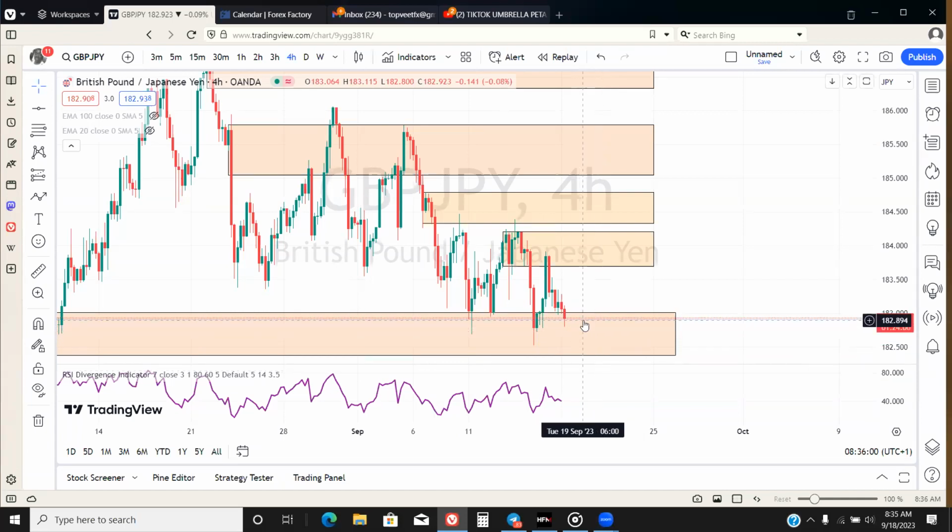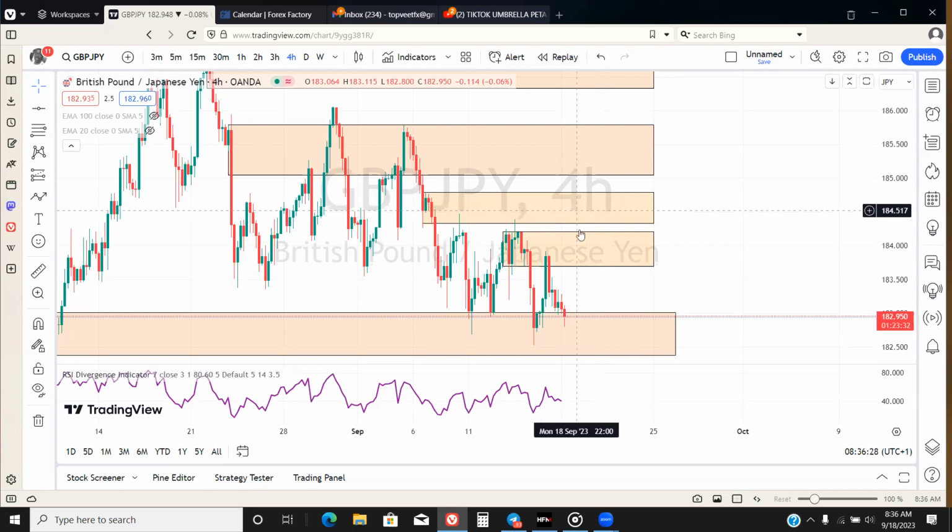And where do I expect the price to make a retracement to? I'm expecting the price to make a retracement back to 184.00 or at the price of 184.50. Those are the areas whereby I'll be looking for a retracement on GBPJPY for me to go short this week, at the market maker footprint.